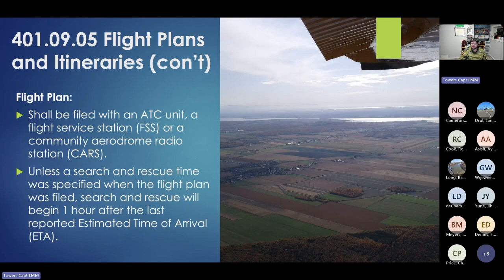So the main differences between flight plans and itineraries: a flight plan shall be filed with an ATC unit, a flight service station, or a community aerodrome radio station, and unless a search and rescue time was specified when the flight plan was filed, search and rescue will begin 1 hour after the last reported estimated time of arrival.